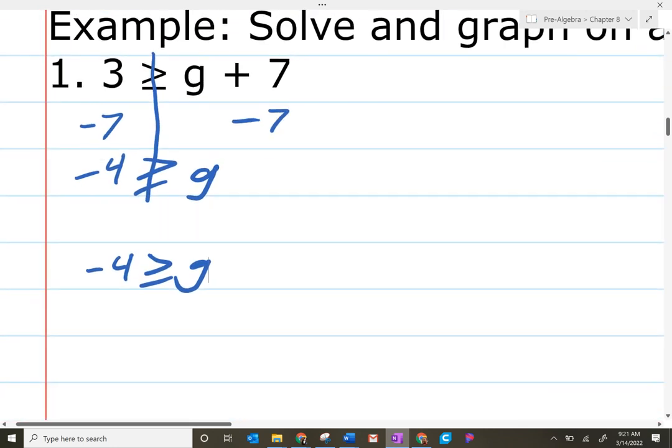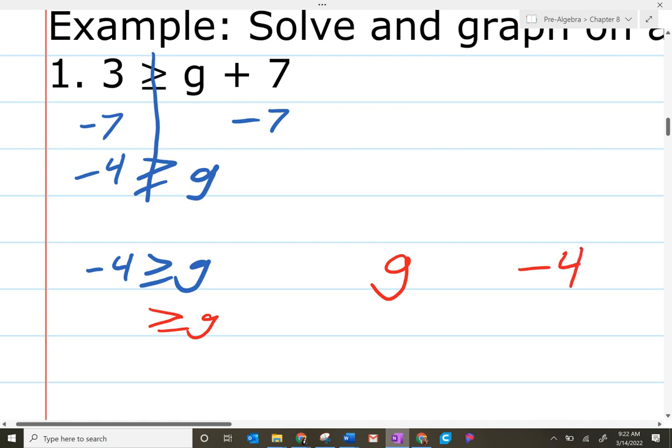When I look at this inequality, do you see how the arrows are pointing towards the g? The point of this is towards the g. What I'm going to do is rewrite this problem so that my g is on the left and my negative 4 is still there.